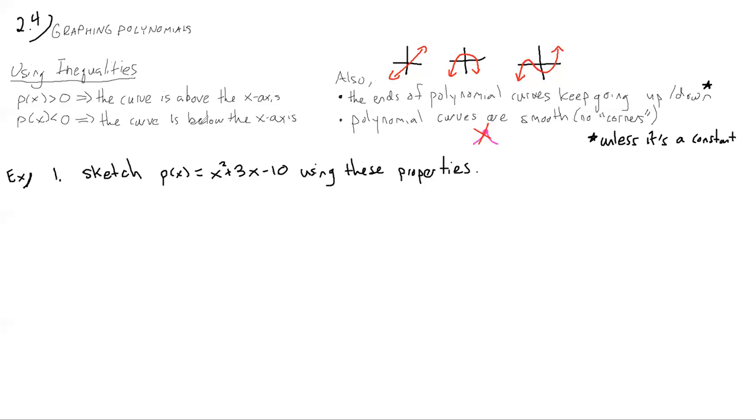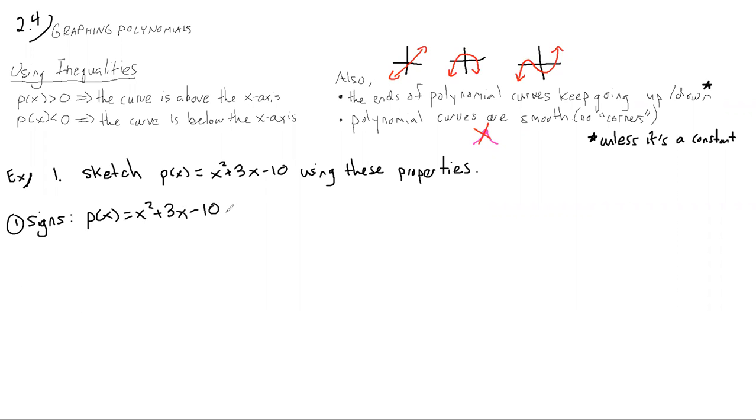So let's get to work on sketching this one. What I'm going to start with is, we'll use the sign properties. I'm going to do that first. Call it step 1. I'm going to get my signs. So my polynomial is p of x equals x squared plus 3x minus 10.